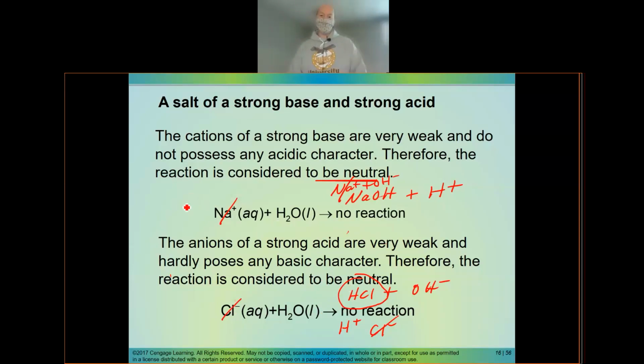All right, and so for your anions, if they are the conjugate of a strong acid, then they will have zero effect on your pH. If your cation reacts with water to make a strong base, which means it 100% ionizes, it's going to cancel out, and again, all you're left with is water. It would have no effect on your pH.